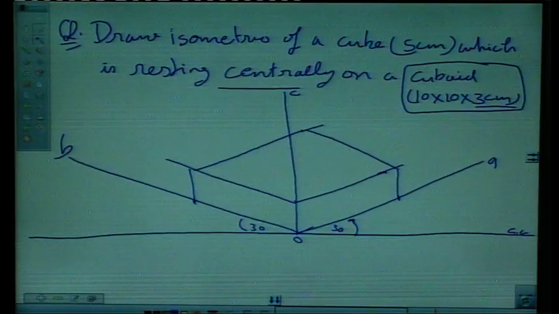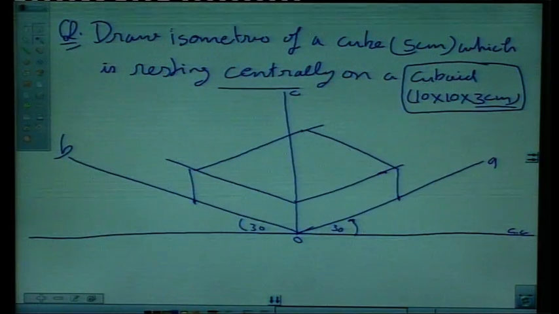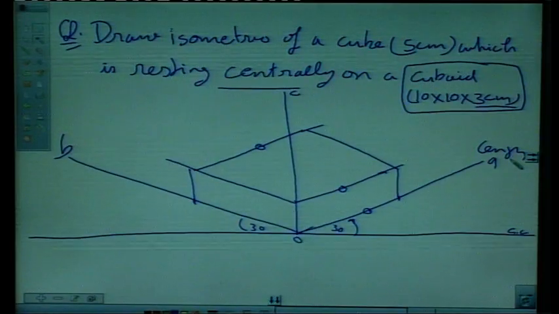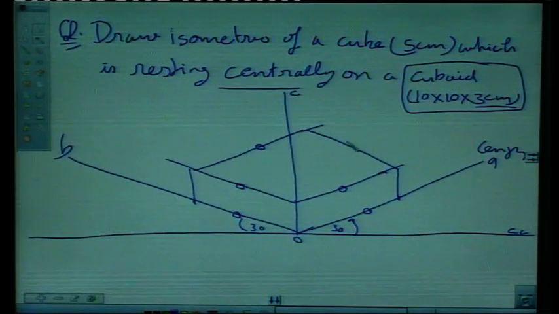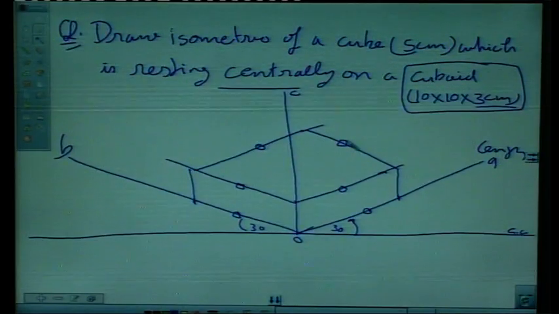Right? These lines are parallel, 1, 2 and 3. These are parallel to this OA axis, the axis which represents the length component. And these lines, 1, 2 and 3, are parallel to this line OB which represents the width component, and next is the height component, this.